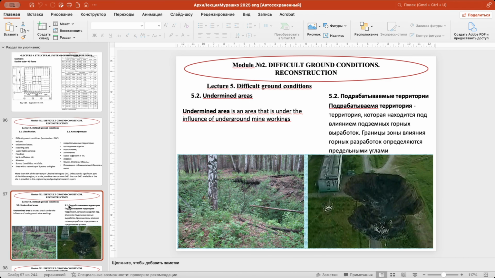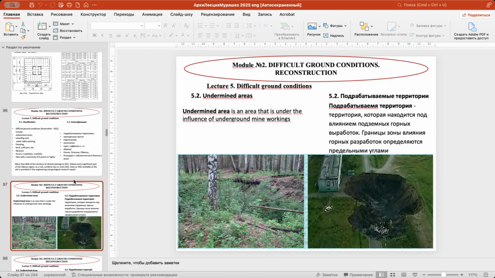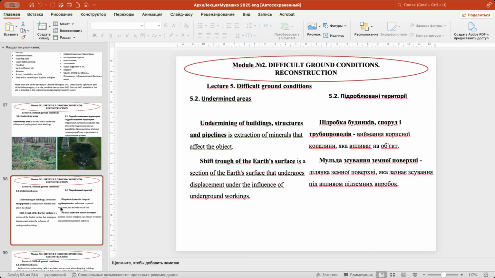That is why we have to understand the classification of those emptiness which are located underground, and of those hollow shafts, and also what structural solution we can make to make our building ready to withstand such difficult ground conditions as, for example, undermined areas.